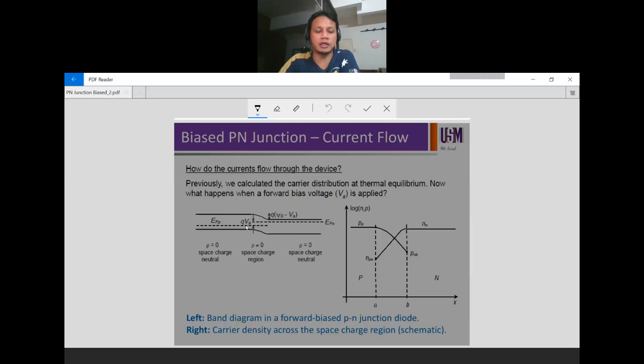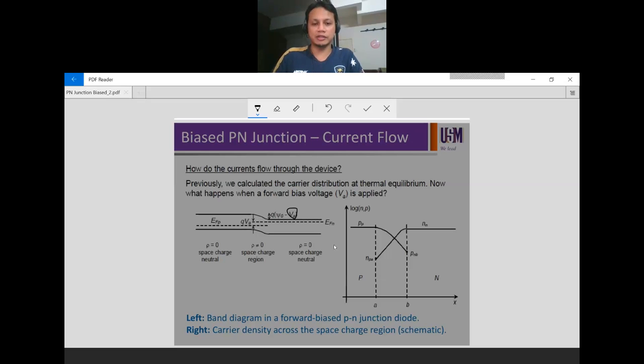So we can see here in the band diagram that the barrier height is now reduced from qVbi to qVbi minus qVA due to the positive bias.